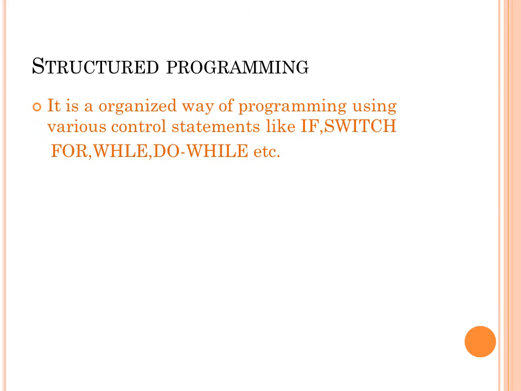Next we have another type of programming approach called structured programming, which is a little varied from procedure oriented programming. In structured programming, we follow the same steps, but with more structured statements compared to procedural programming. We have structured statements like the for statement, while, do while, if statement, and if else statement.